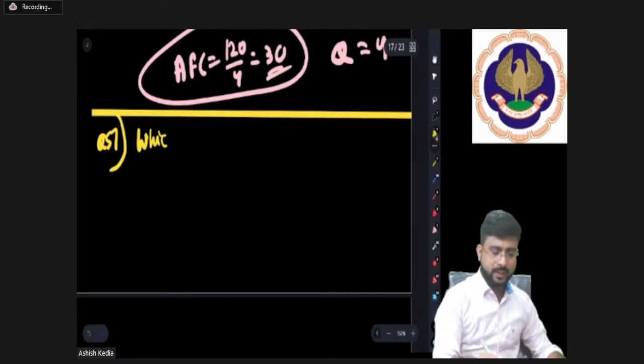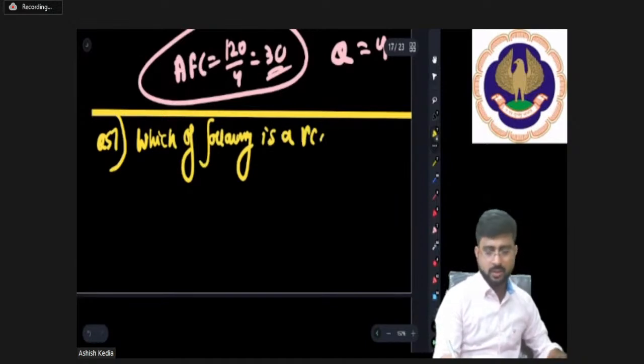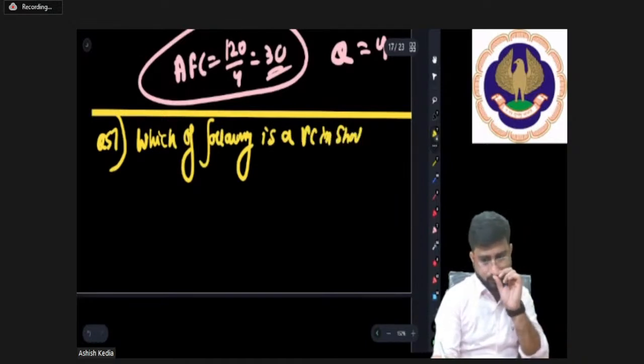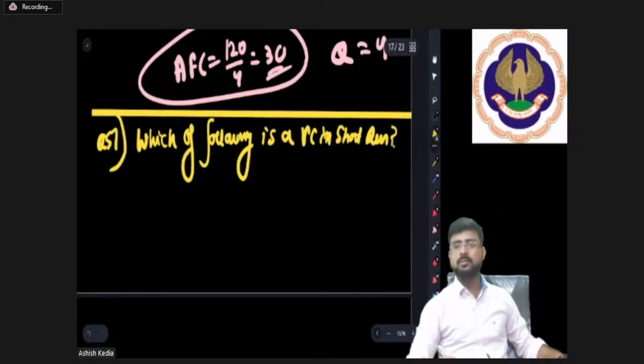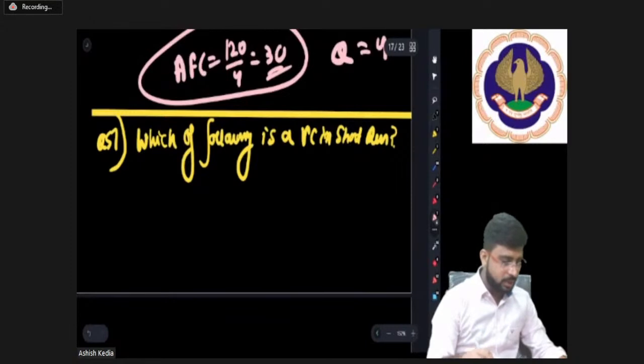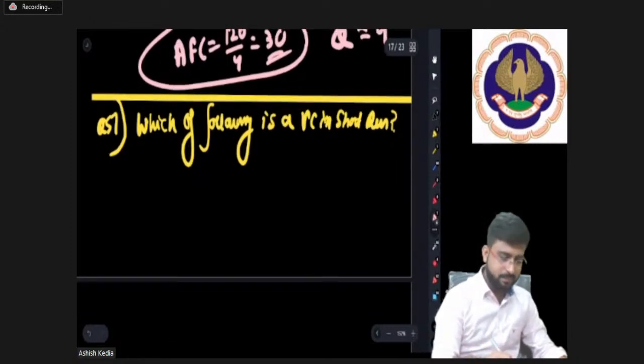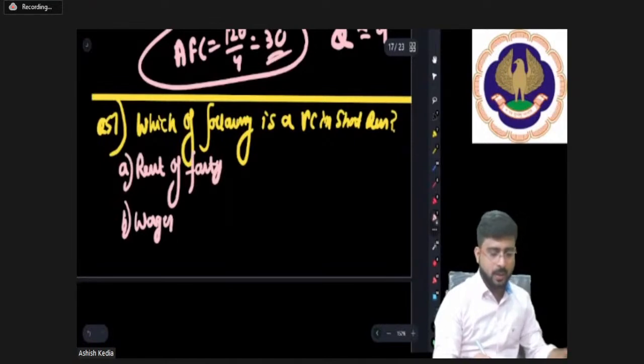Which of the following is a variable cost in the short run? A, rent of the factory. B, wages to factory labor.